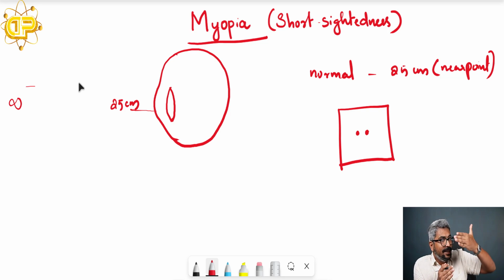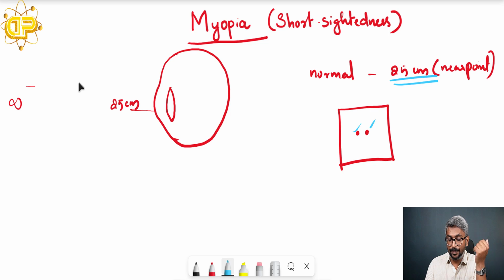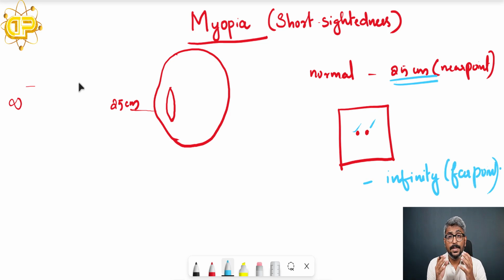The nearest point at which you can still differentiate these two points clearly is known as the near point of your eyes. And the far point will always be infinity, which means you can see any object kept at infinity. This is what the far point means.